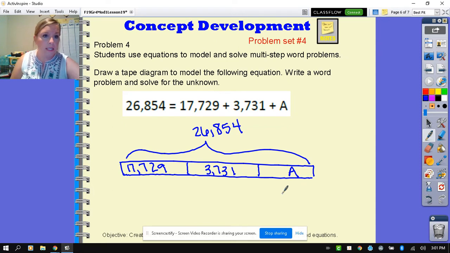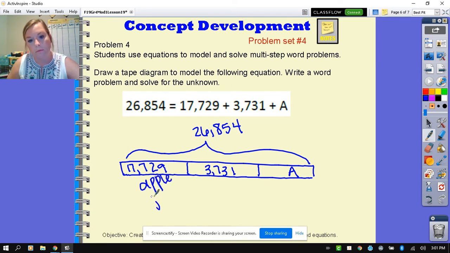So for today, we're going to say we took a survey and we're trying to see how many people like different kinds of juice. Okay, so we'll say that 17,729 people like apple juice, because that's my favorite. We're going to say that 3,731 people like orange juice.